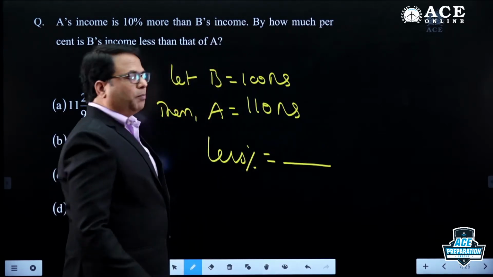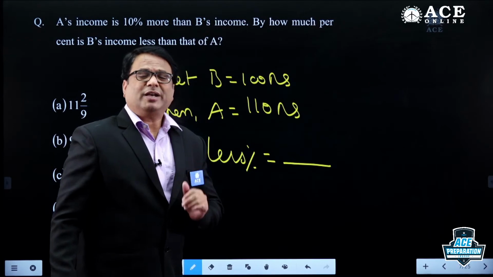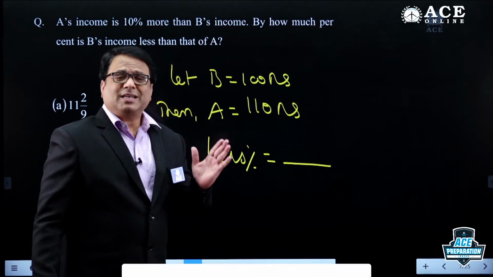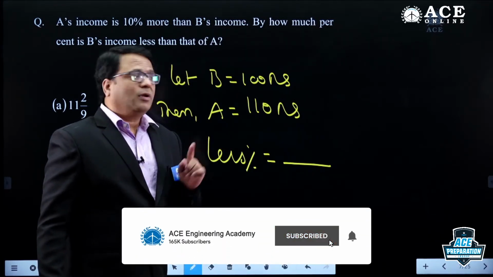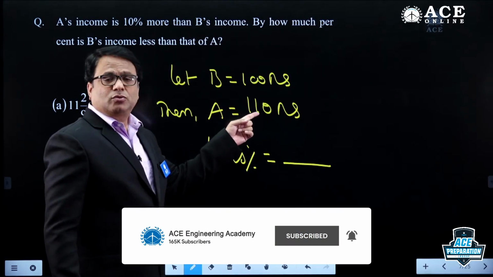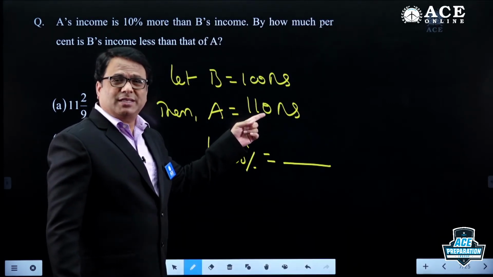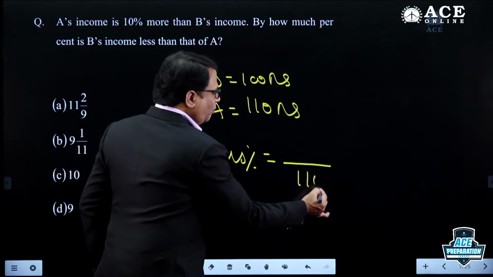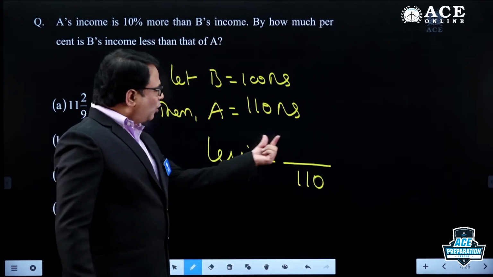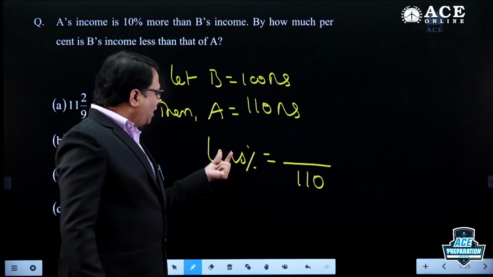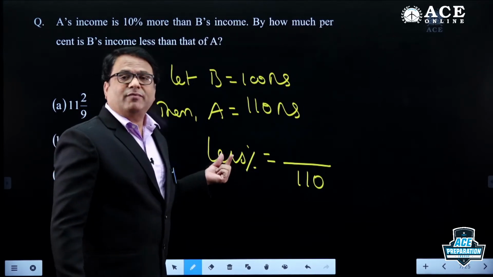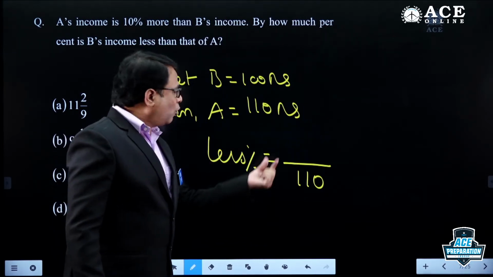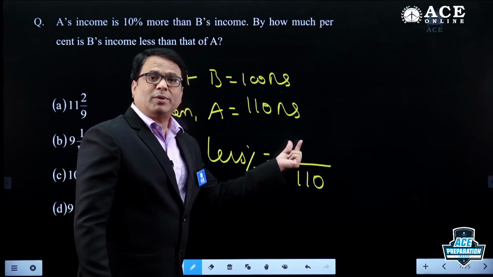Now, B is less when compared to what? B's income is less when compared to A's income. So the comparison is done with A's income. So this will be the denominator. Then what should be the numerator? We are calculating less percent. And when we are calculating less percent, how much less should we write in the numerator?